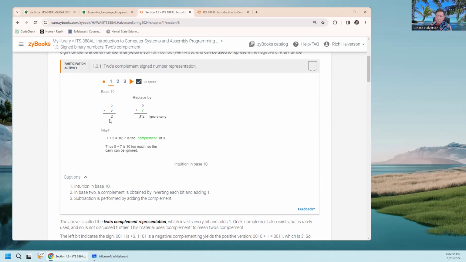5 minus 3 equals 2, right? 5 plus 7 equals 12, which is 2 with a 1 over here. But if you ignore the 1 over here, you just end up with a 2. So we see that if we're only dealing with 1 digit, 5 minus 3 is the same as 5 plus 7.